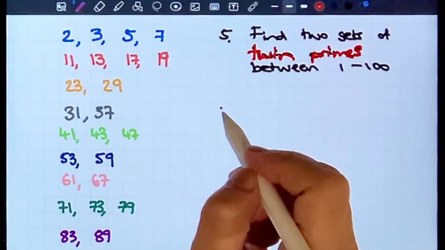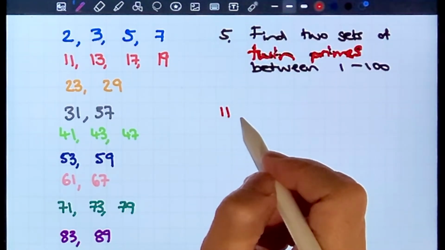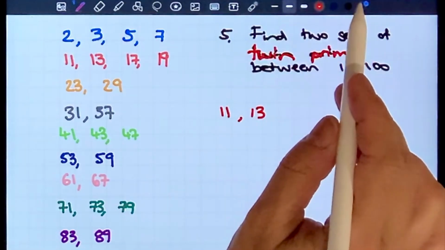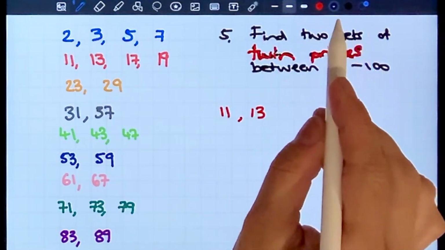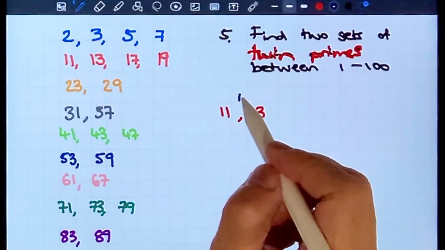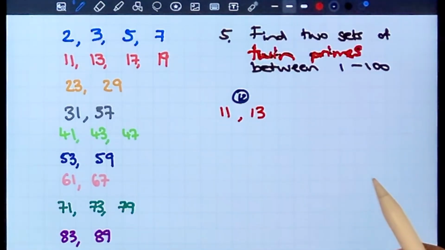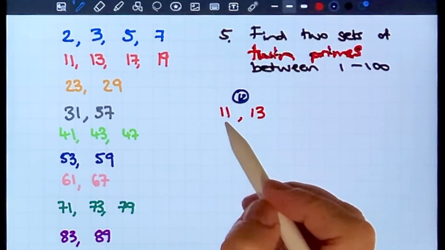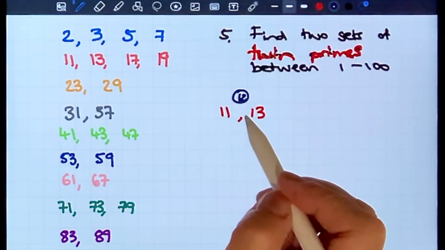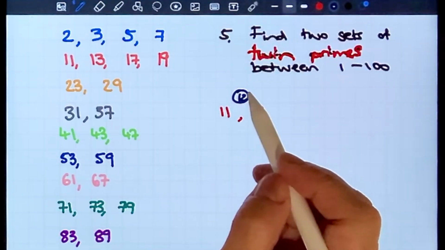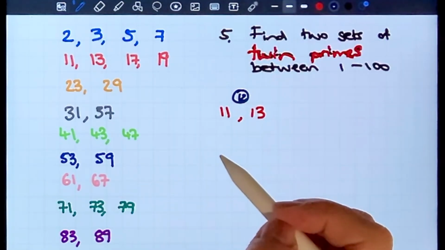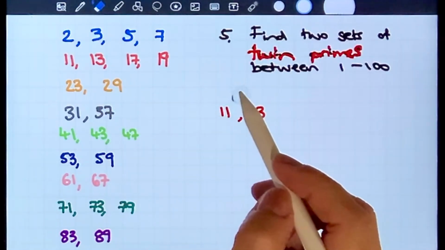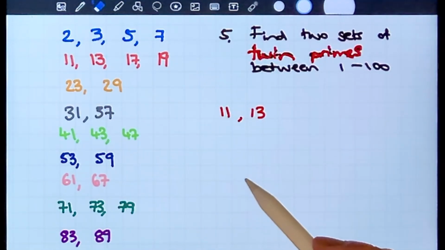An example would be 11 and 13. So they are separated by the number 12. Okay? And so with twin primes, there's always going to be a difference of 2 between them, because there's going to be one number separating them. So 11 and 13 are twin primes.